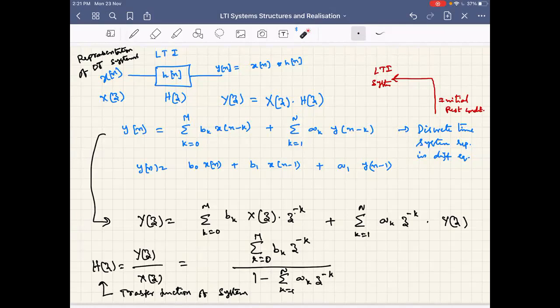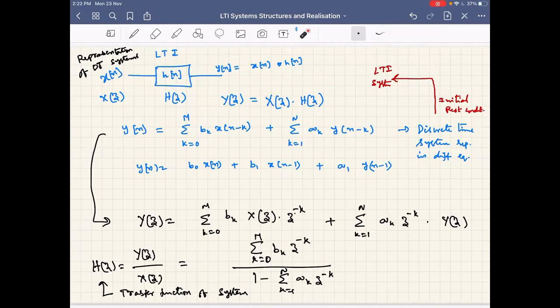Okay, so now let us see what is the black box behind the system implementation. So how do we realize the system in hardware? Assume that finally we got some h of n.